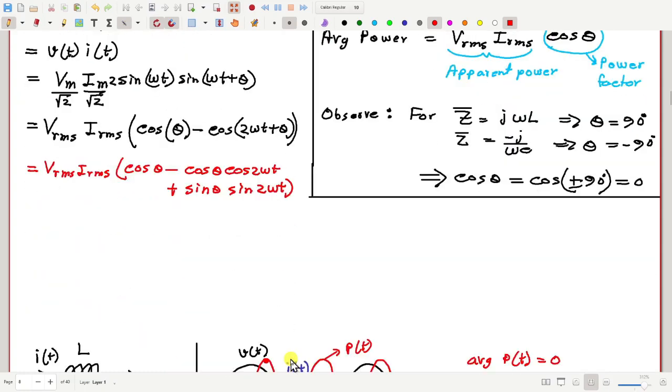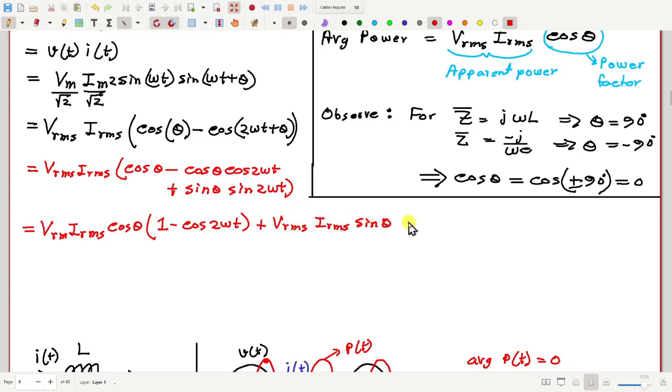Let me do a few more steps. So I can write this as Vrms Irms, then if I take cos theta common, I have 1 minus cos 2 omega t, plus Vrms Irms sin theta sin 2 omega t.